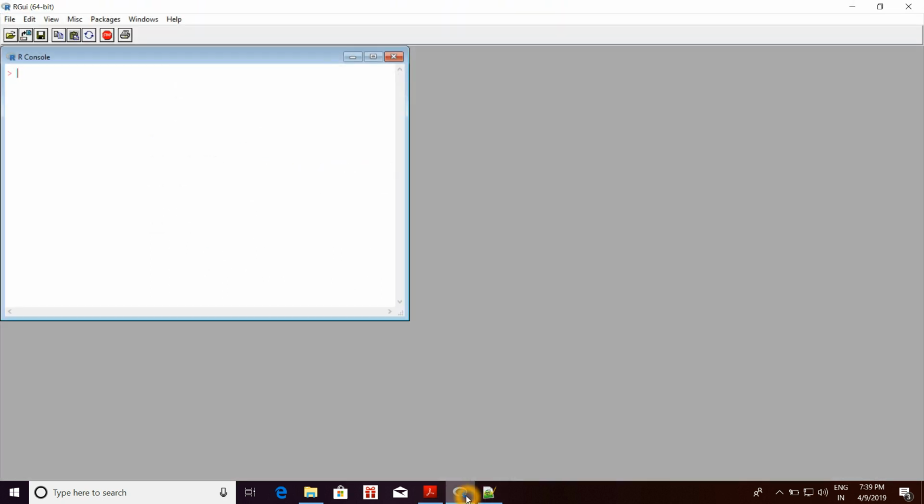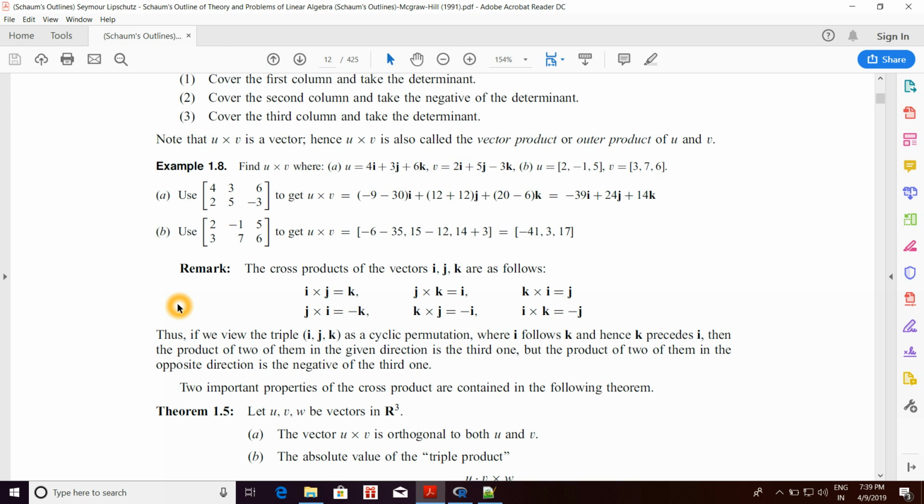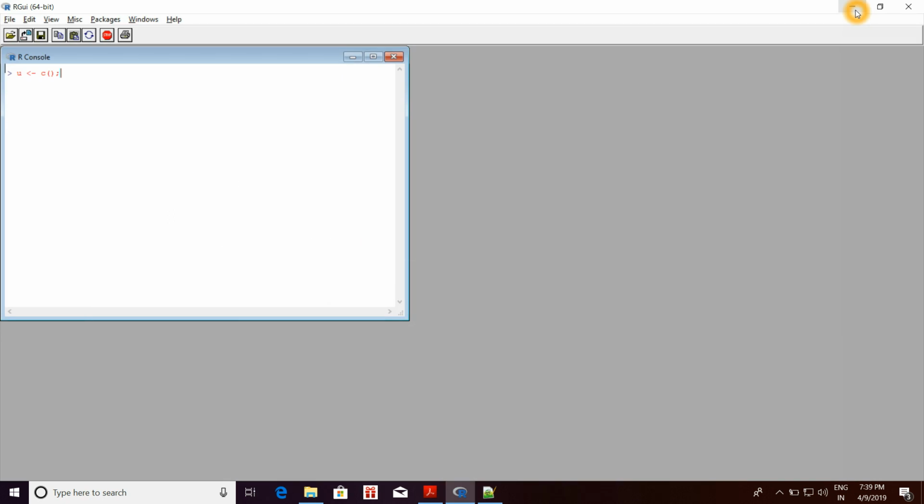Okay, so in R, first we will create a vector called u, which is 4, 3 and 6.